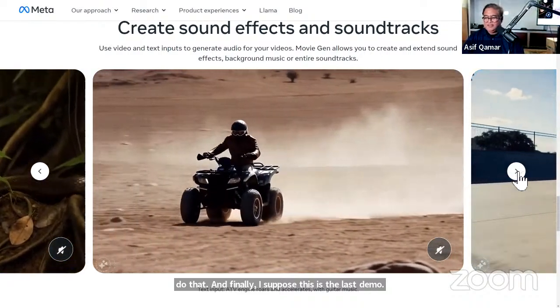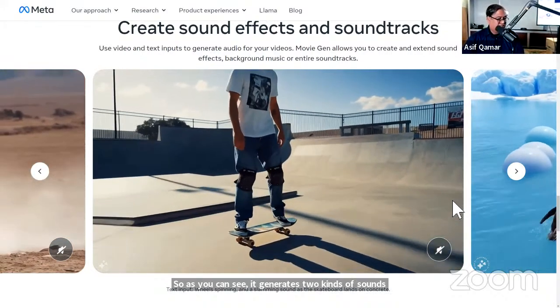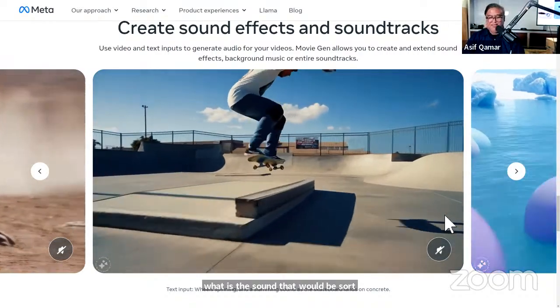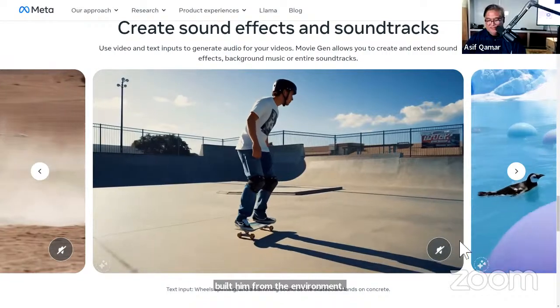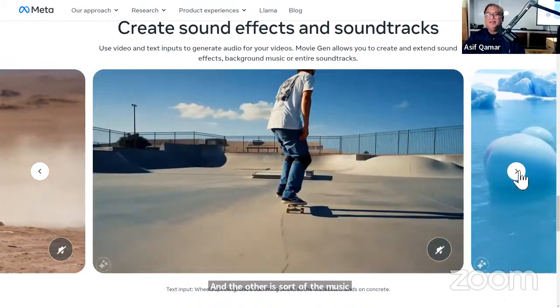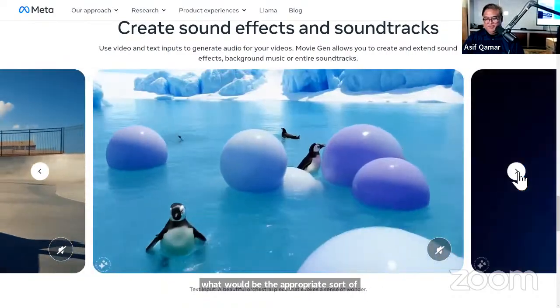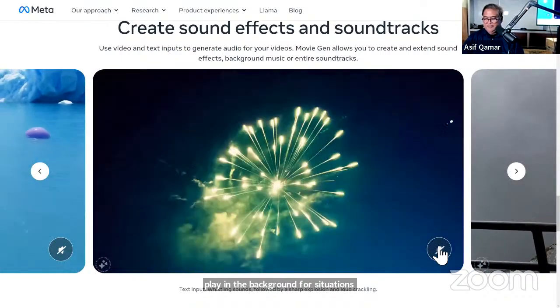As you can see, it generates two kinds of sounds. One is the sound that would be built in from the environment, and the other is the music that video producers tend to give, what would be the appropriate play in the background for situations like that, and it tends to do that too. And for example, look at this.